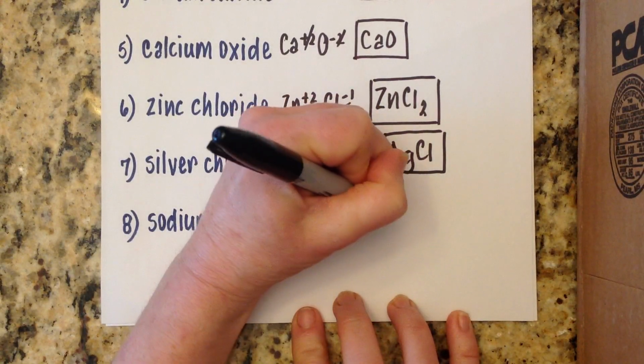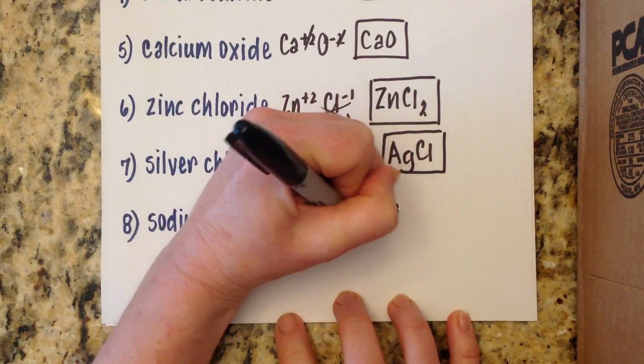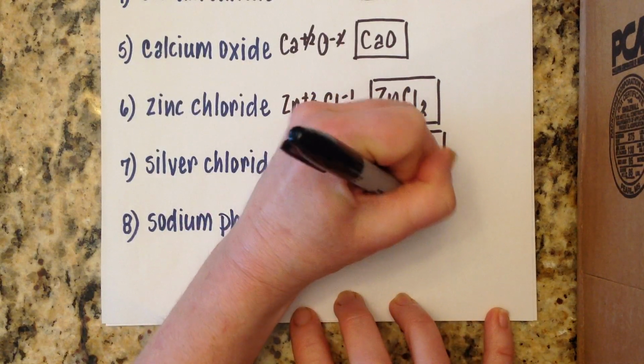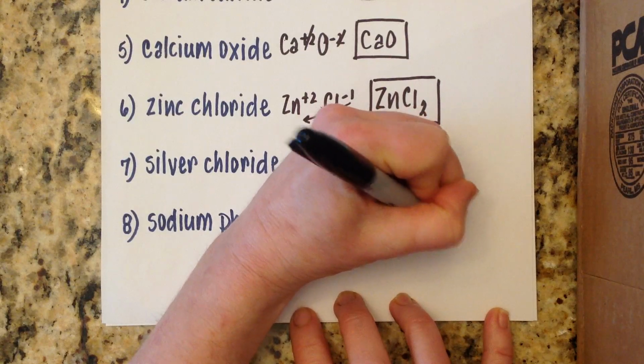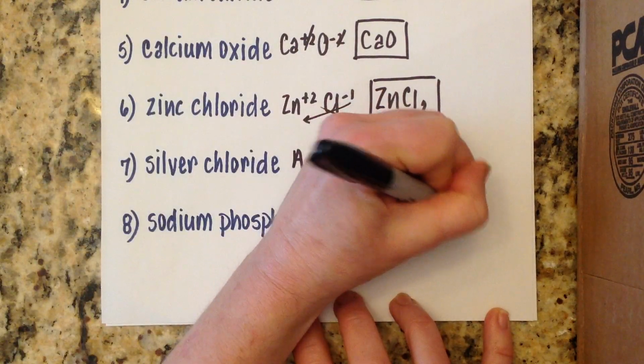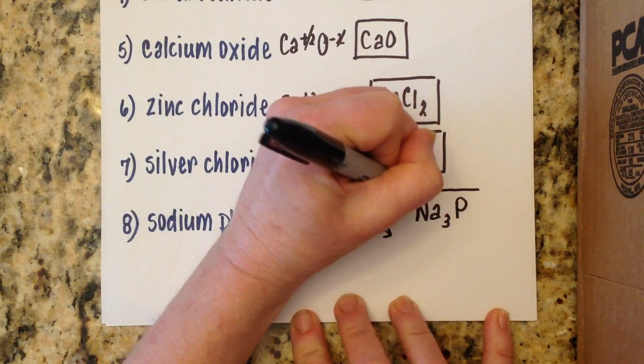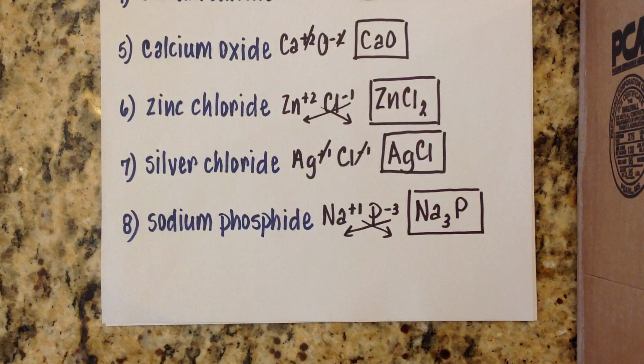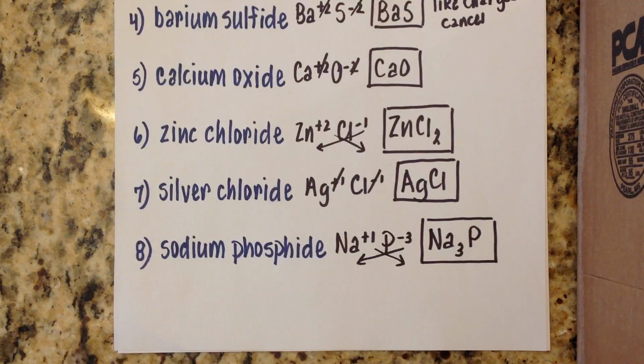So phosphide is P -3, and when you crisscross, you get Na3P. So that is how you write the formulas for binary ionic compounds. And again, binary just means a metal plus a non-metal.